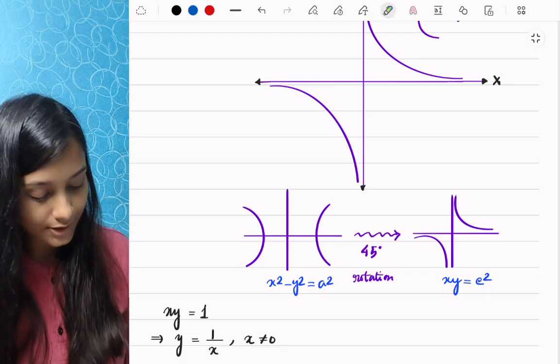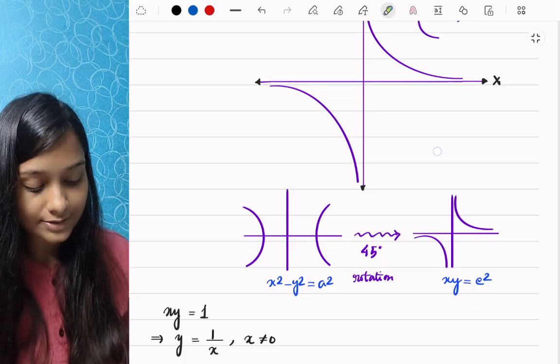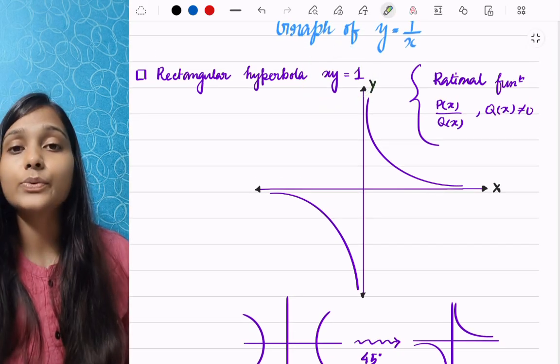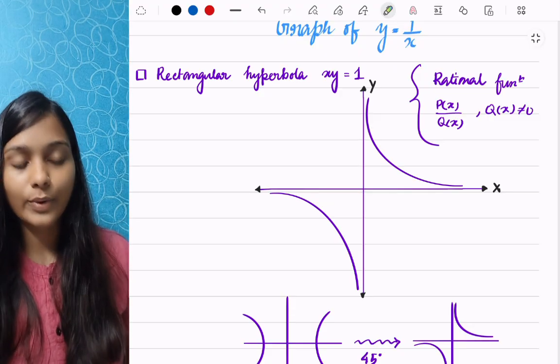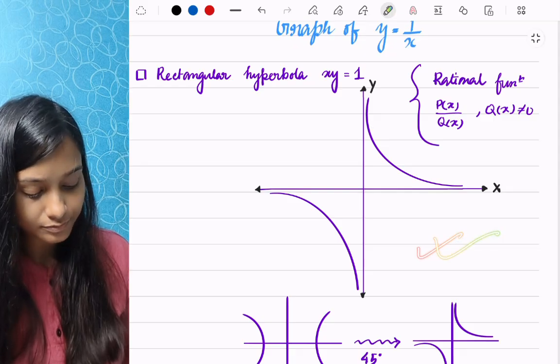So this one here is the rectangular hyperbola. What we are interested in is this equation here, which is xy equals 1, the rectangular hyperbola with c square equals 1. So here we have this plot.